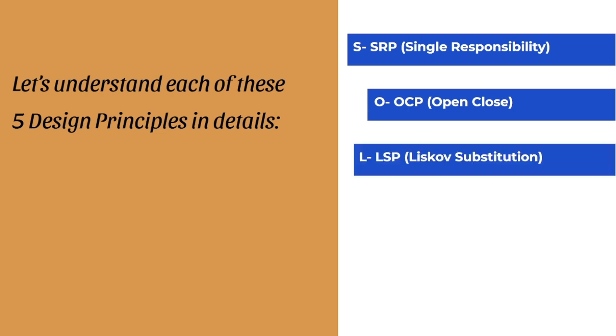Then next is the Liskov substitution principle, for the L acronym. The Liskov substitution principle says objects in a program should be replaceable with instances of their subtypes without altering the correctness of that program. So this is the Liskov substitution principle.